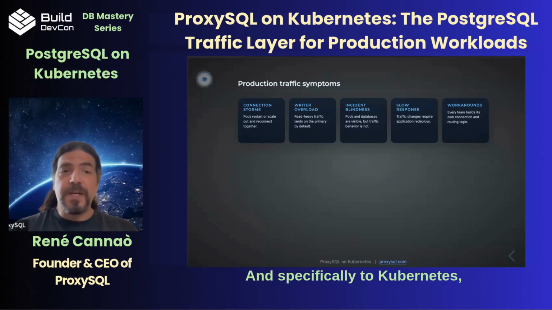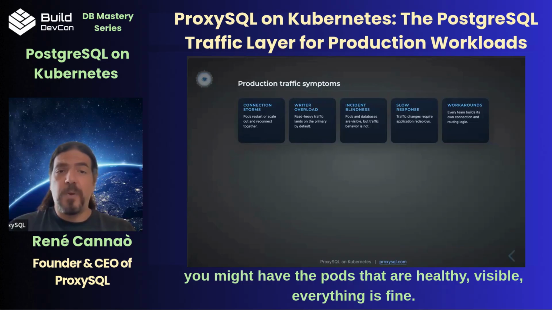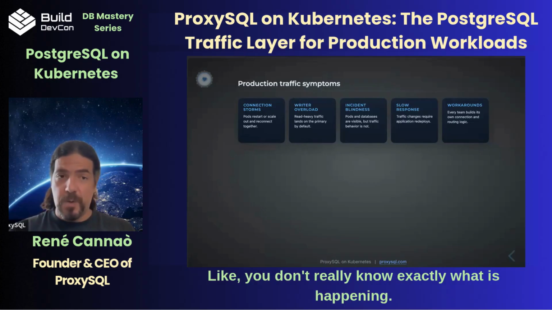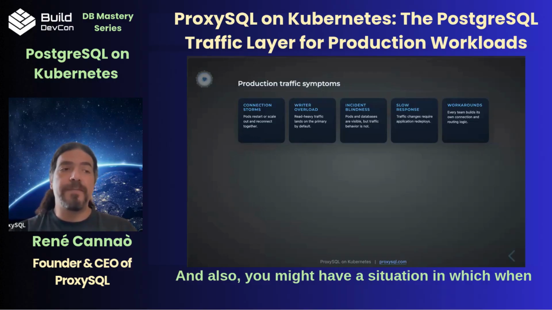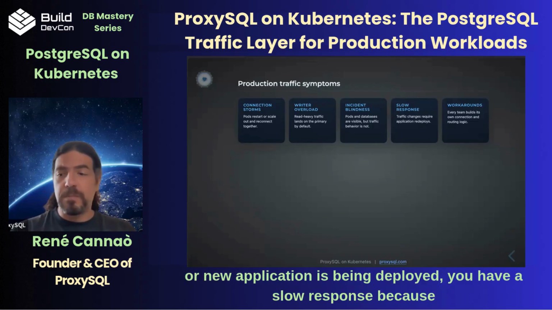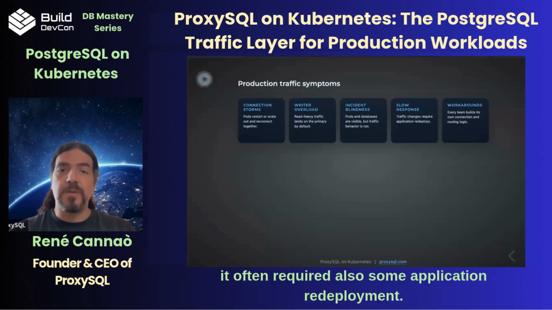Specifically in Kubernetes, you might have pods that are healthy and visible, everything is fine, but the traffic between those pods is a bit of a blind spot, and you don't really know exactly what is happening. Also, when an application is being restarted or a new application is being deployed, you might have a slow response, because it often requires some application redeployment.